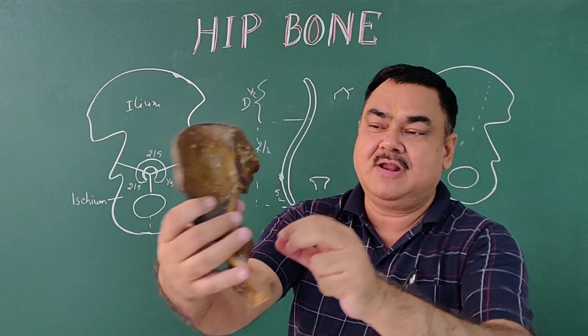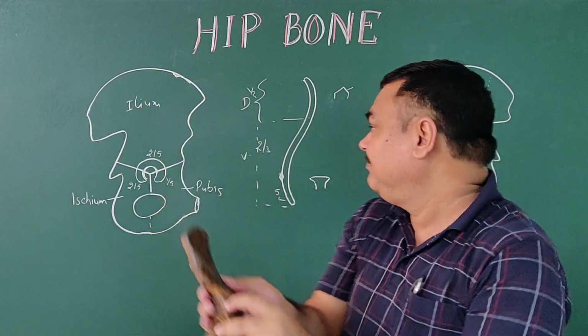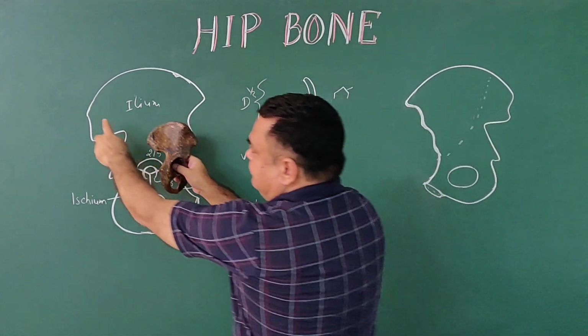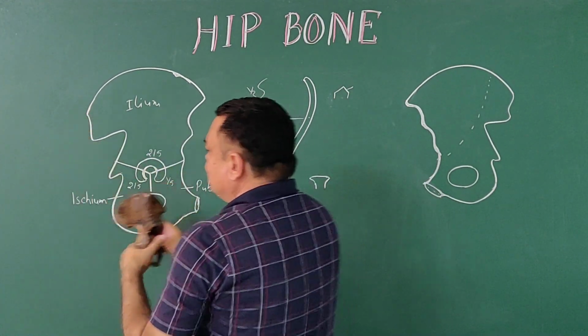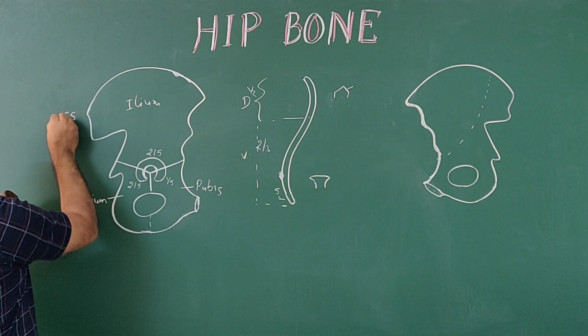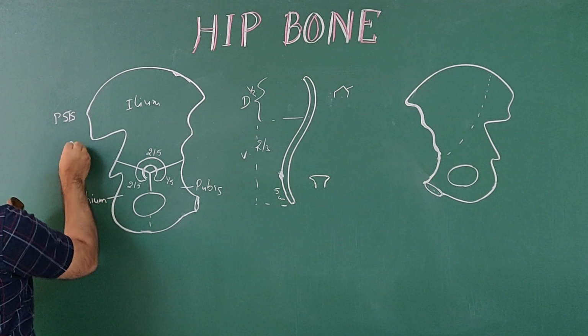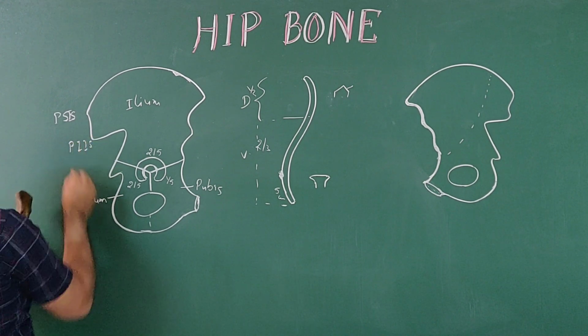If you see the posterior border, turn like this. This is the posterior border. From here, this is the posterior superior iliac spine, and this is the posterior inferior iliac spine.